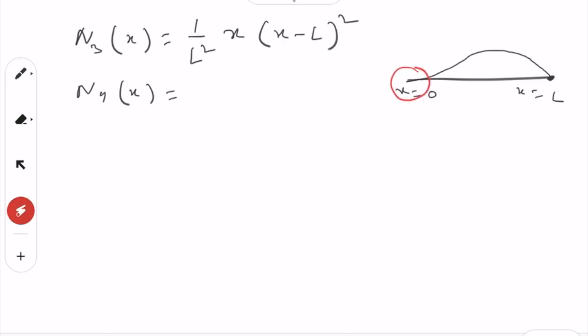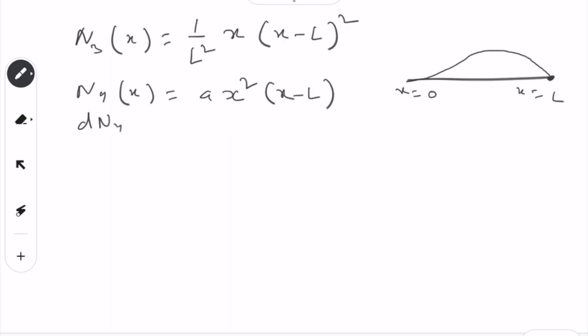Here it will have a double root, so we can say this is equal to a x square, and there is a single root here, so we have x minus L. Again we can take the derivative, dN4 over dx equal to 2a x (x minus L) plus a x square.